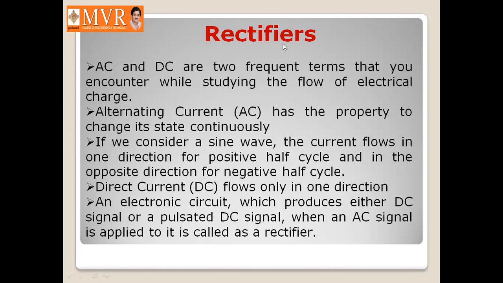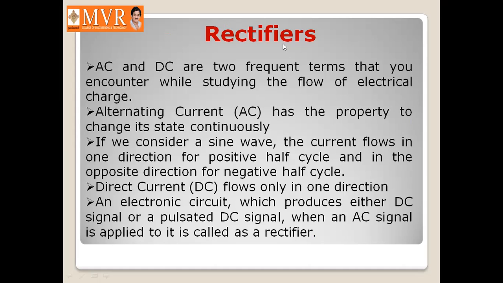Hence, before this rectification, we are using a transformer for stepping down the voltage, and then we connect this rectifier circuit. The rectifier circuit is going to convert the bidirectional current into unidirectional. AC is bidirectional, having both positive polarity as well as negative polarity.